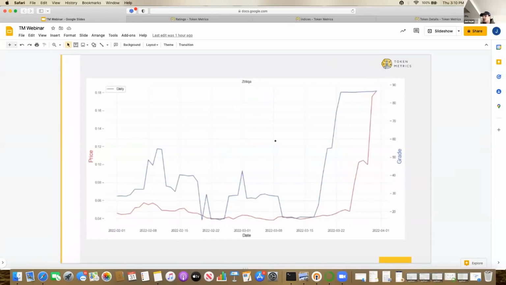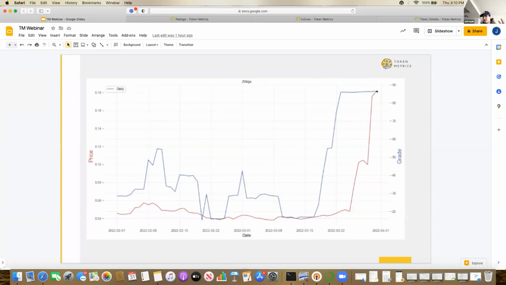Another more recent example is Zilliqa, where, as you can see, we had a TM grade of around 86 when Zilliqa was trading at 0.048. And the TM grade has been extremely high all the way up to today, where it's trading at around 18 cents. So that's a good example of recent performances of these coins.